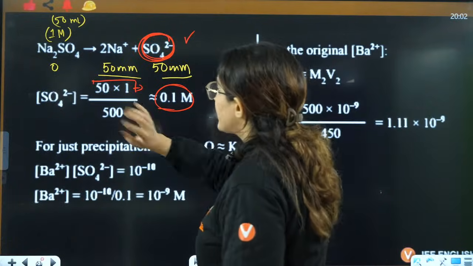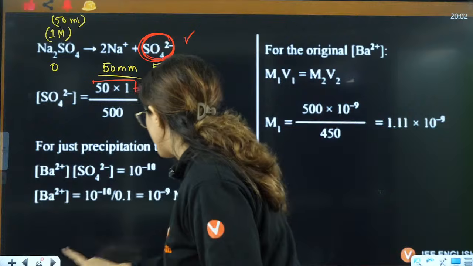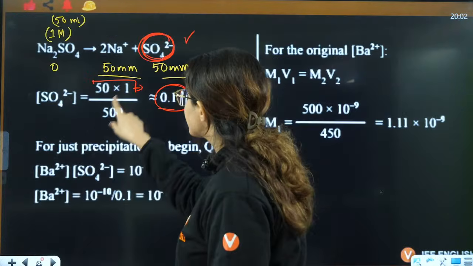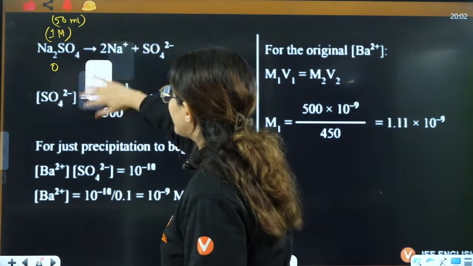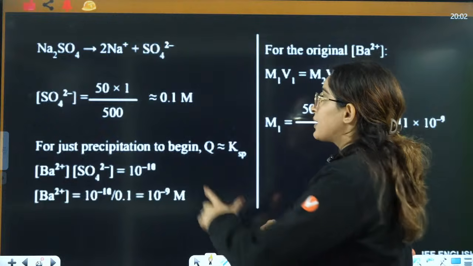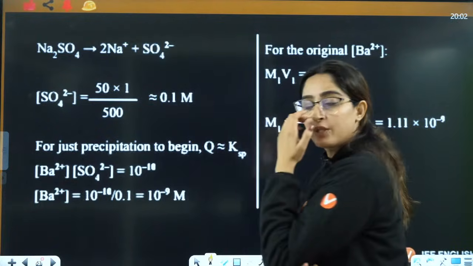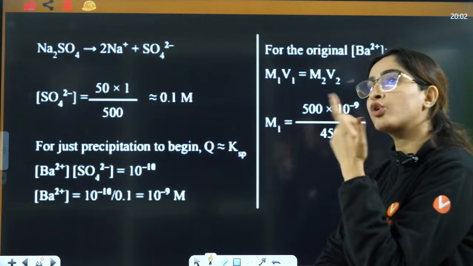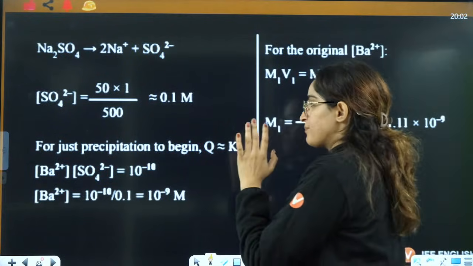Now millimoles are divided by total volume, so you can see this is the overall molarity. This was not given to us in the question, usually it is given, but here we calculated it to be 0.1. Now we know that the common ion concentration is 0.1.